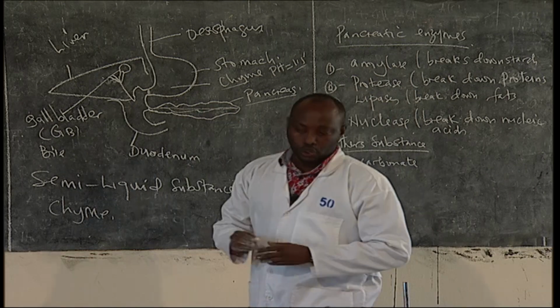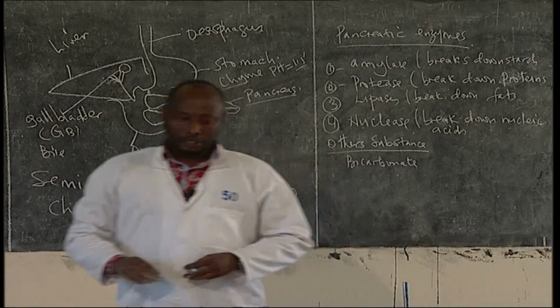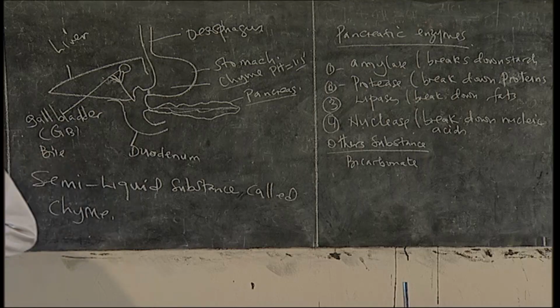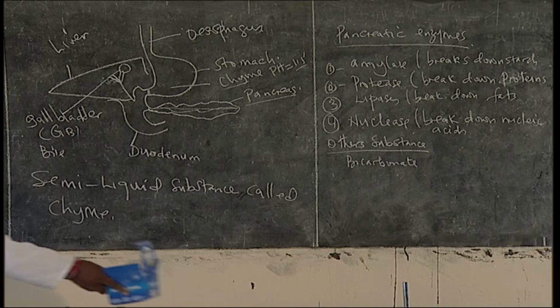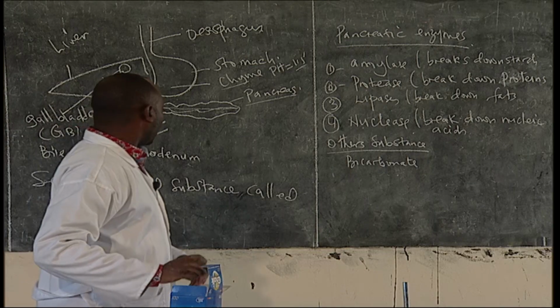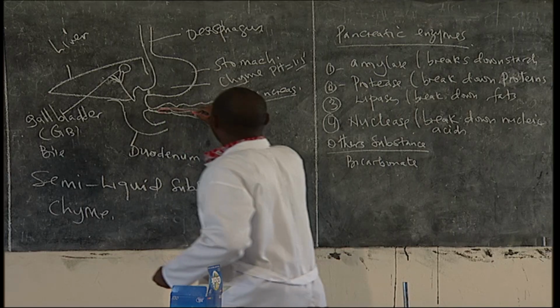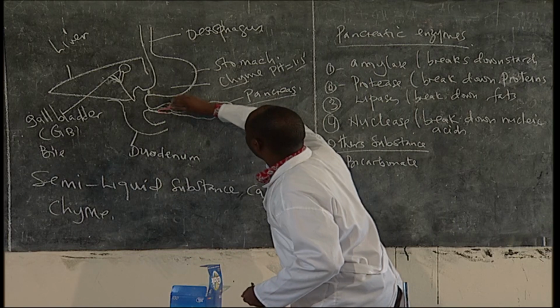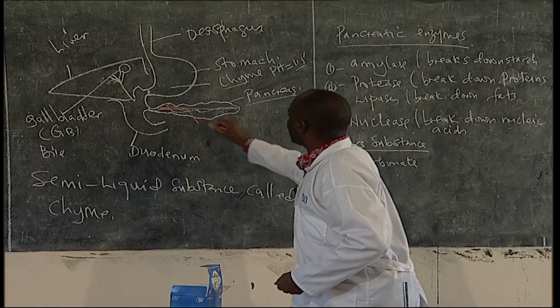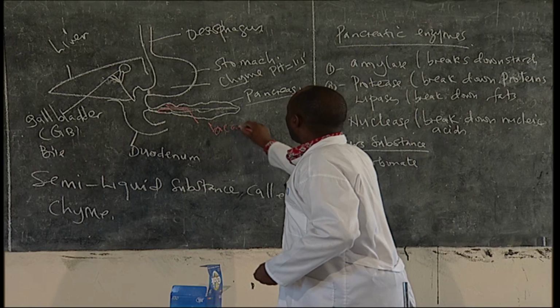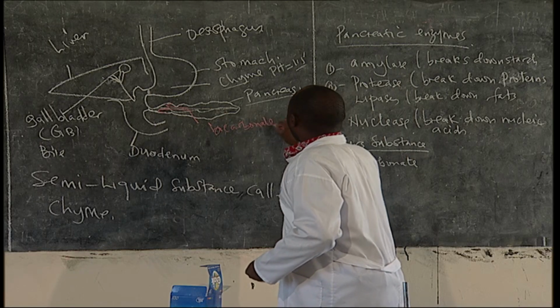I can try to show you, let me just take a piece of chalk. This is the diagram showing that the pancreas is going to release some enzymes and also release bicarbonate, which is very important.